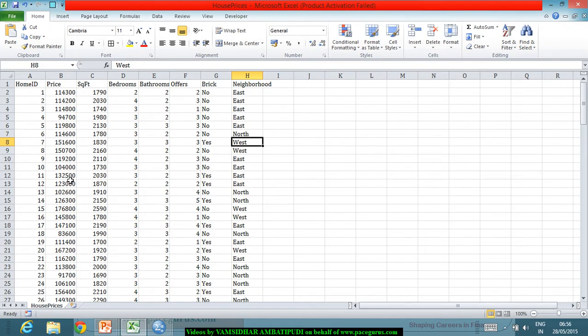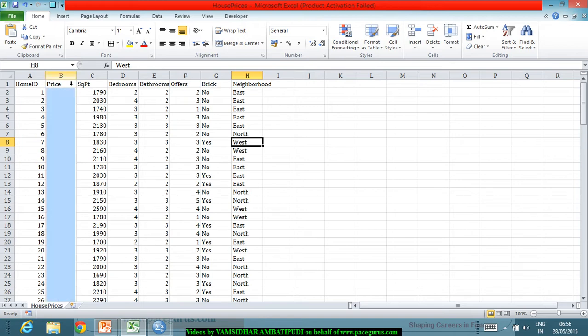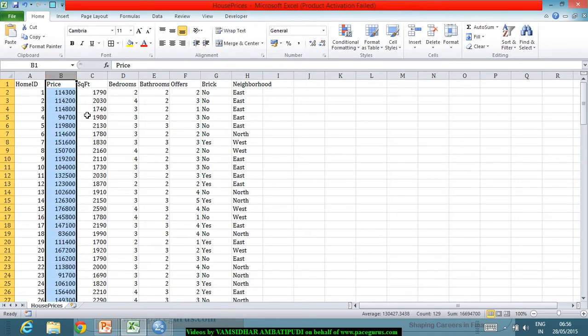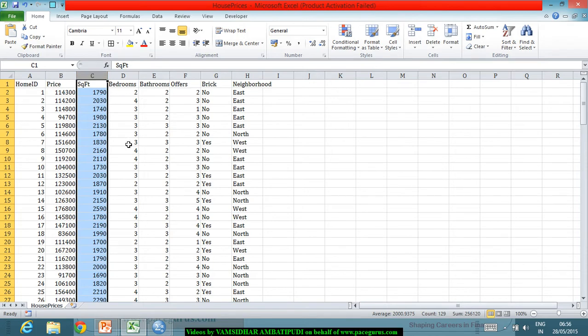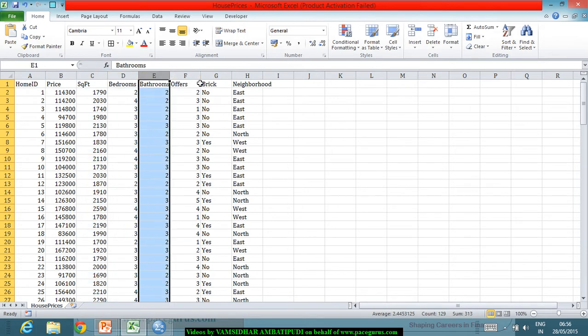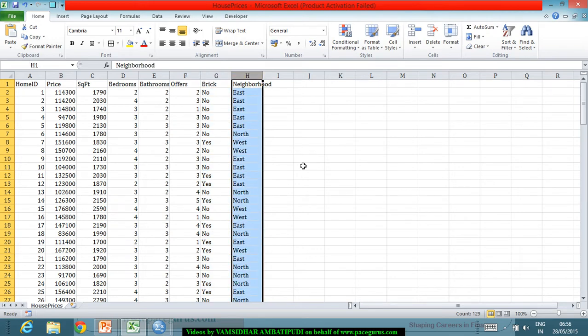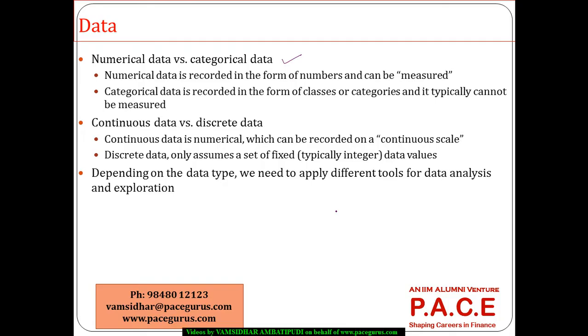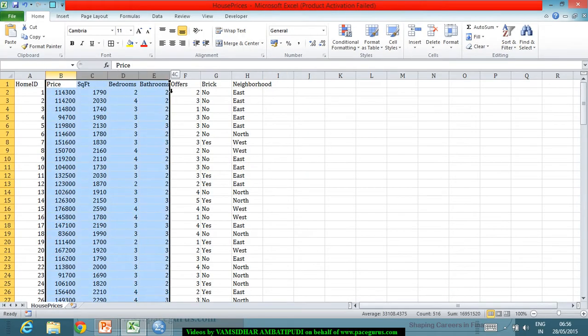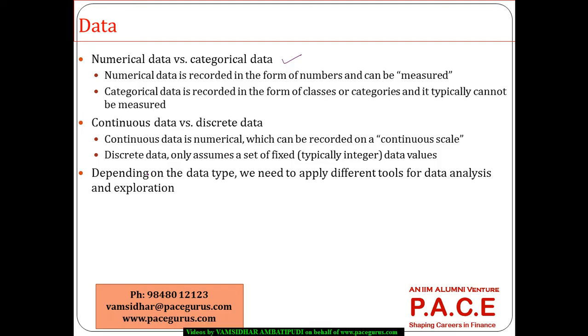Here I am looking at the housing prices in one particular state in the United States, wherein I am looking at the prices in dollars, the square foot of each house, the number of bedrooms, the number of bathrooms, how many offers have come for a sale, whether it is built with brick or not, and what is in the neighborhood, probably east, west, north.